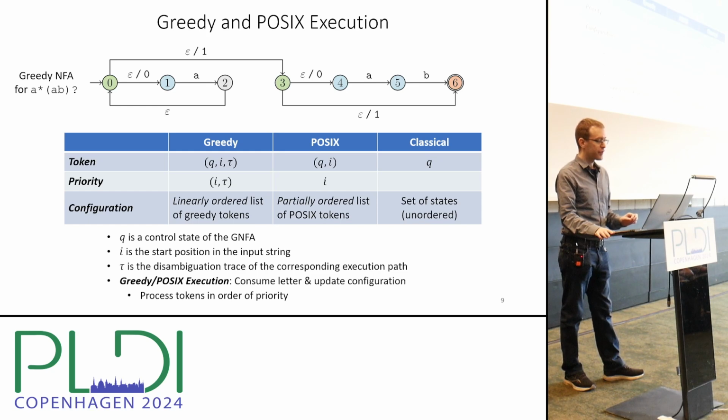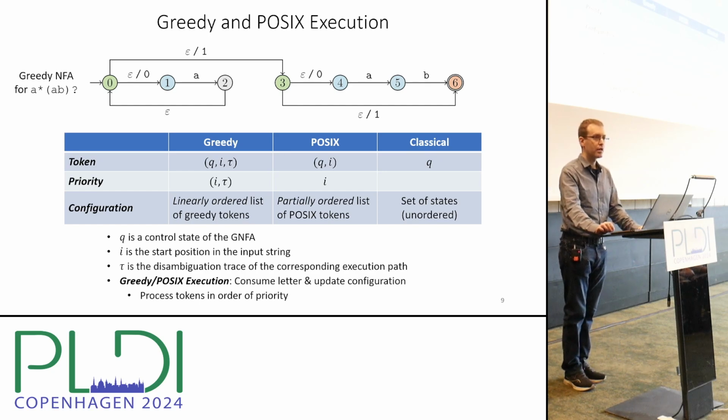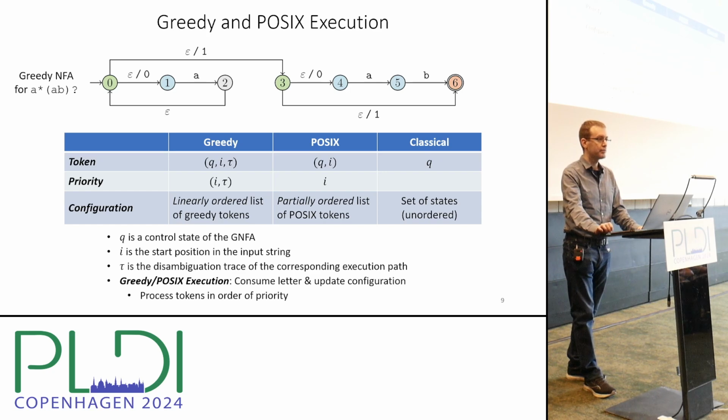The greedy configuration now is a linearly ordered list of the greedy tokens. For the POSIX execution, on the other hand, a POSIX token is a pair Q, I. A priority is simply a start position I. And a POSIX configuration is a partially ordered list of POSIX tokens.